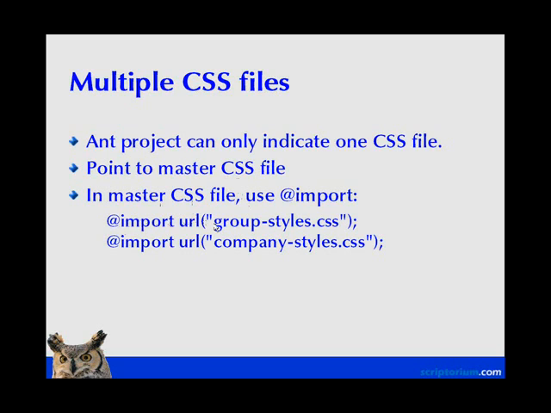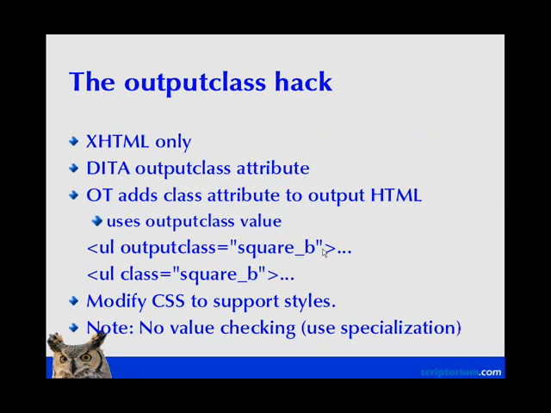So what you do is you create a base or master CSS file, and within that CSS file, then you use @import to specify the CSS files you want to bring in. So in this example, we're pulling in a CSS file both for our group as well as for our company.